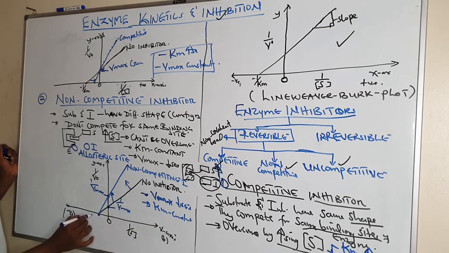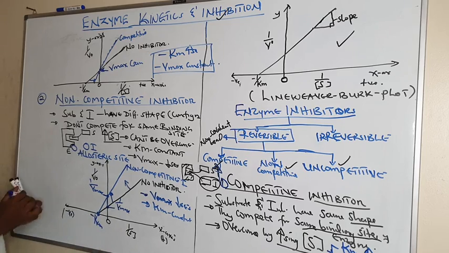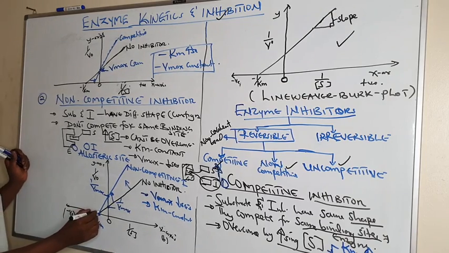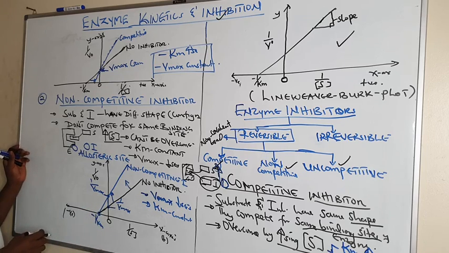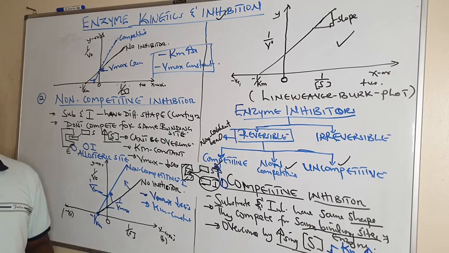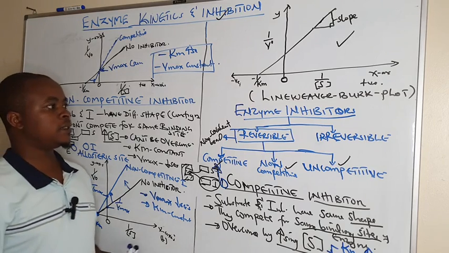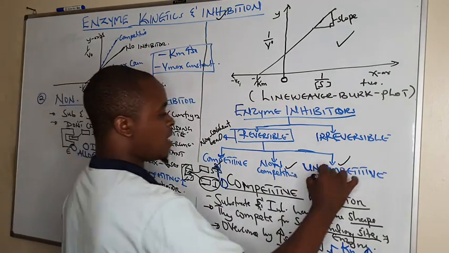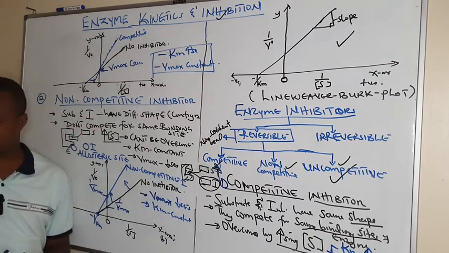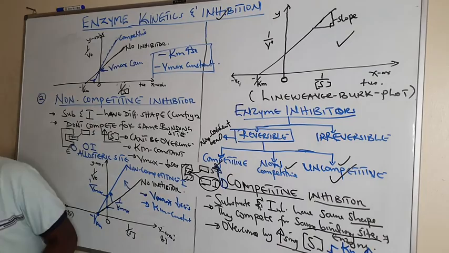That's what we can appreciate, that negative 1 over Km has remained the same, both with no inhibitor and also in the presence of a non-competitive inhibitor. So this is the plot for the non-competitive inhibitor. We can end our discussion by looking at the last one, which is uncompetitive.